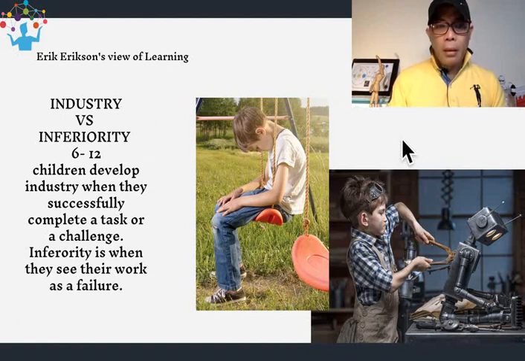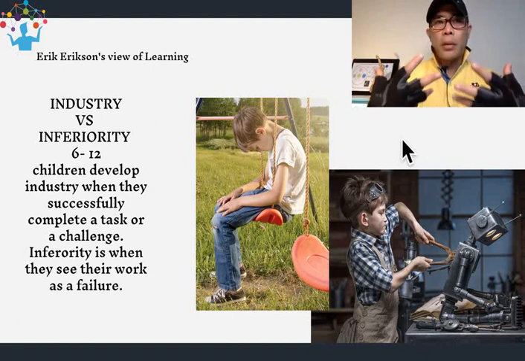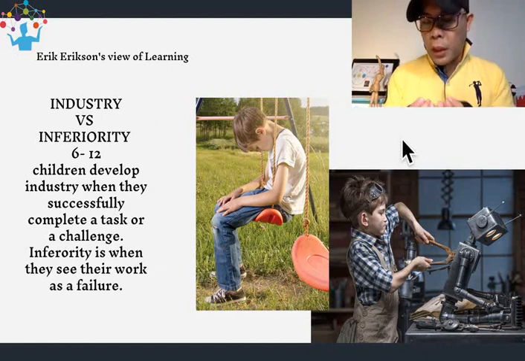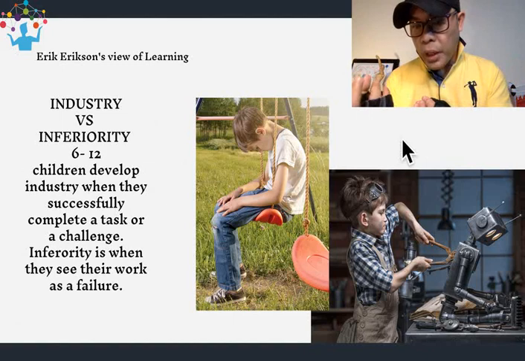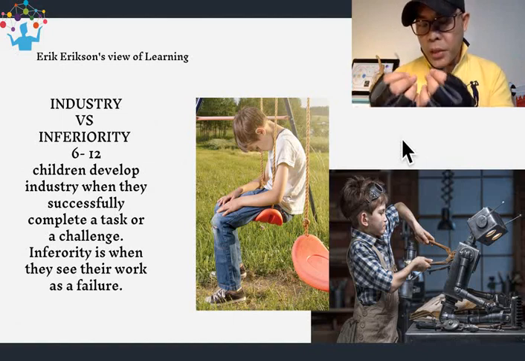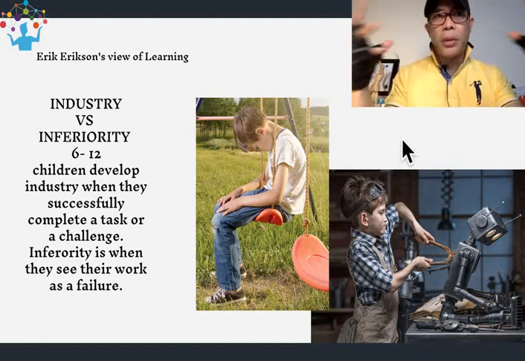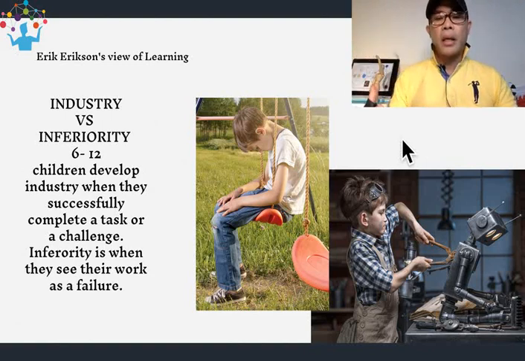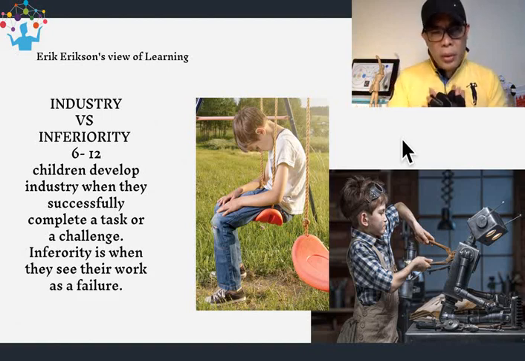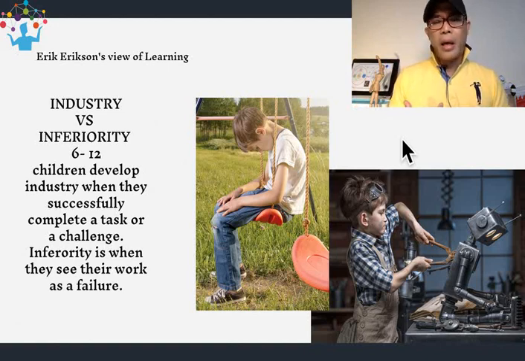So we want children to experience being successful in little ways or big ways, little tasks and big tasks, so that they are able to see, oh, I was able to do this. I can manage this. On the other hand, children may always have the feeling and thoughts, I fail, I am a loser, I am good for nothing.